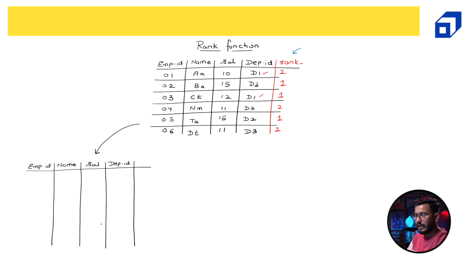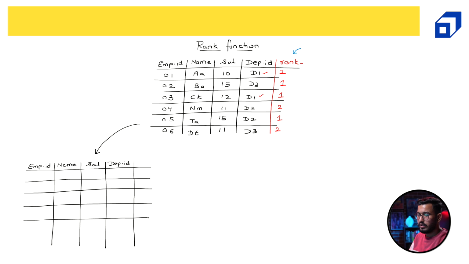And now while I'm creating the windows, I will make sure that within each window, the data is ordered according to the salary column in descending order. Now please carefully observe. I will start from department number 1.